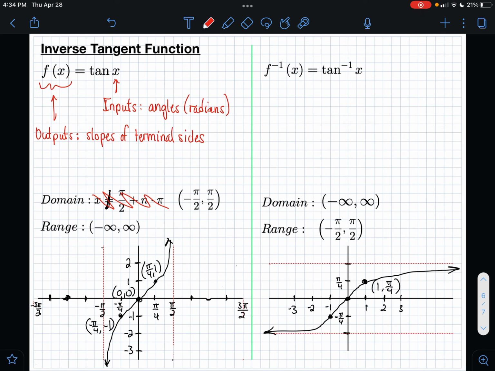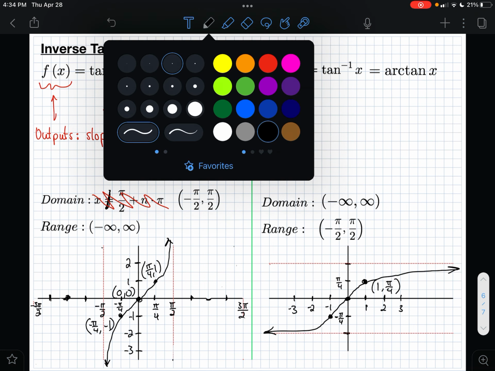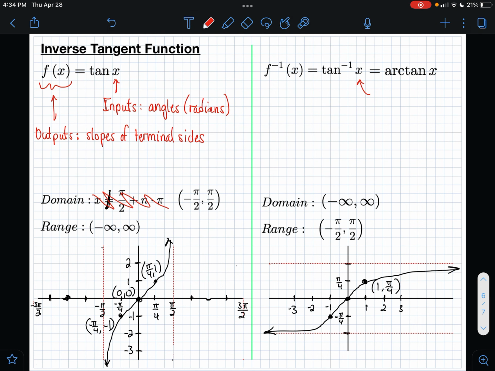Therefore, when we come over here and we have inverse tangent, or better yet, arctangent x, the inputs here are slopes of terminal sides of angles. And the output value is the angle.